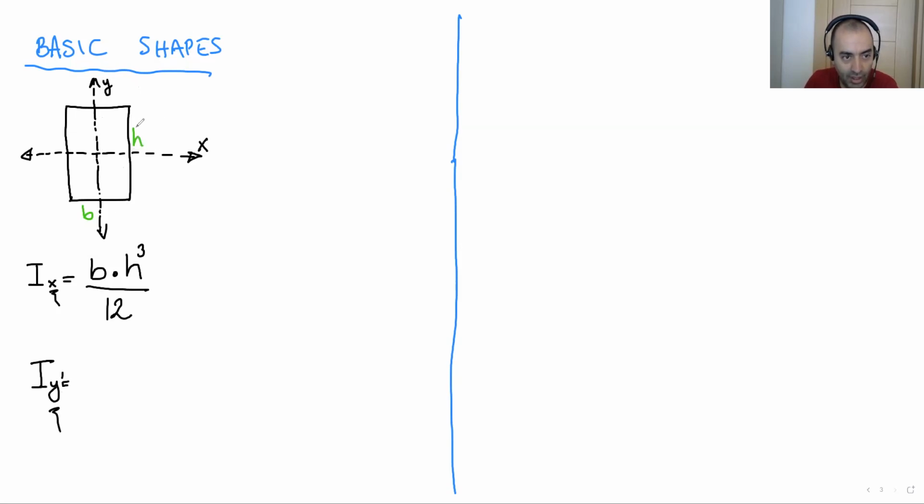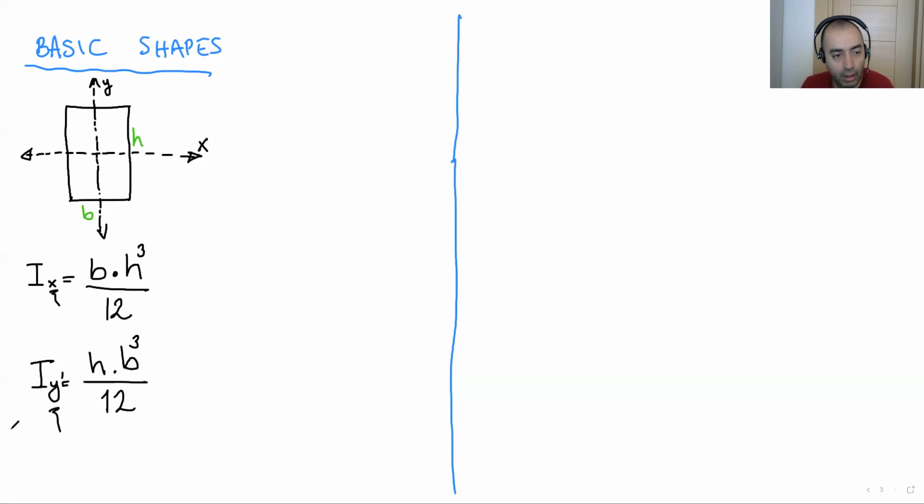The parallel edge is h, times the edge which is perpendicular to the y-axis, b, and its cube. Parallel comes directly here, and perpendicular comes here with cubic value. This is for the rectangle.